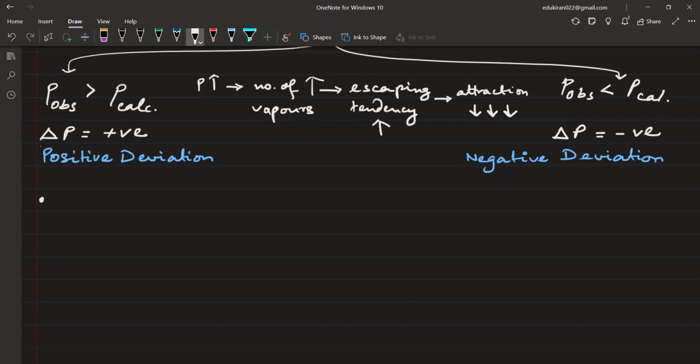That means what is the cause of positive deviation? There is bad interaction between A and B.